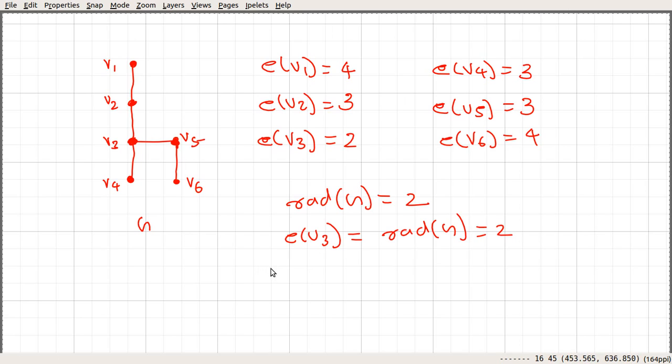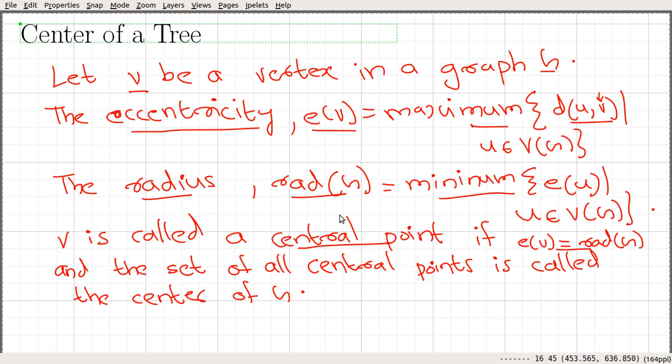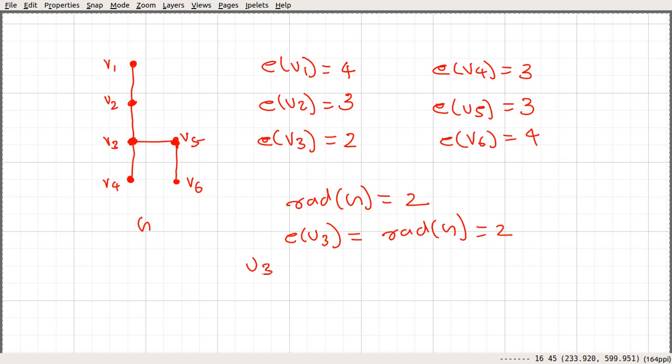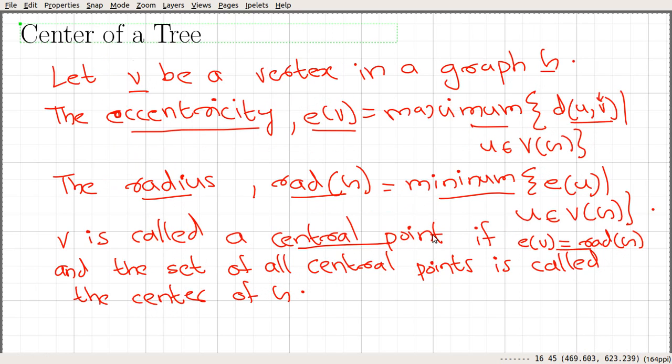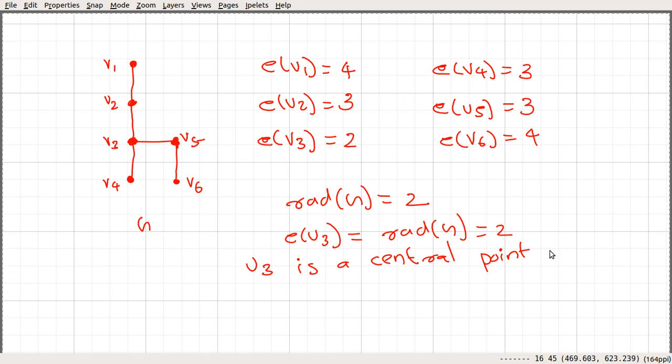Okay, that says V3 is a central point of this graph G.